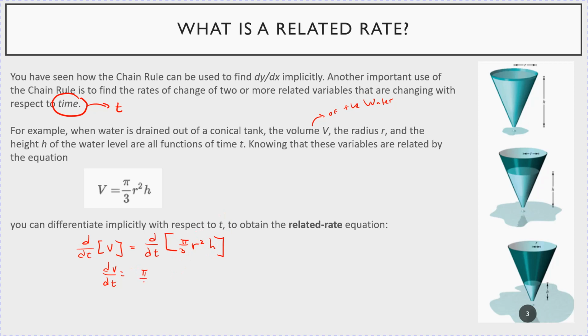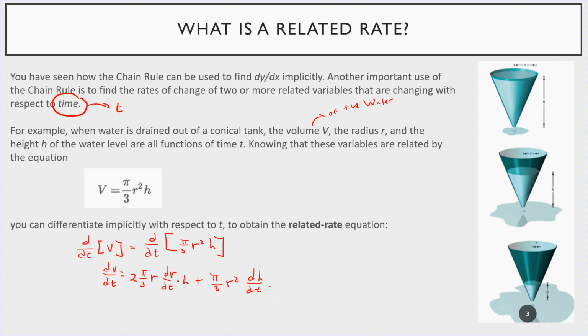Pi over 3 is a constant. The derivative of r squared with respect to t becomes 2r, and because of the chain rule you're going to need dr/dt, and don't forget you still have this h, plus pi over 3 times r squared, and now the derivative of h is just dh/dt.